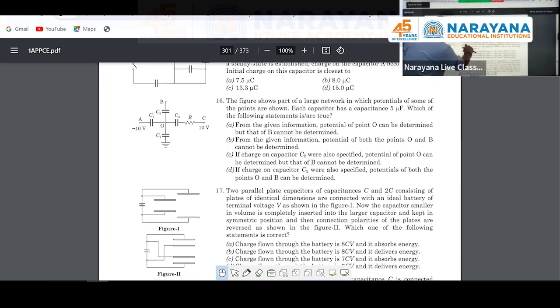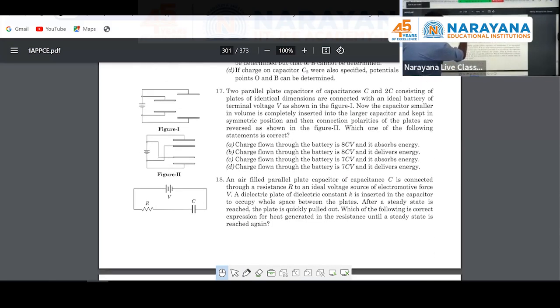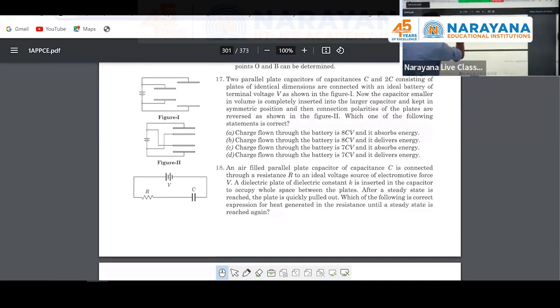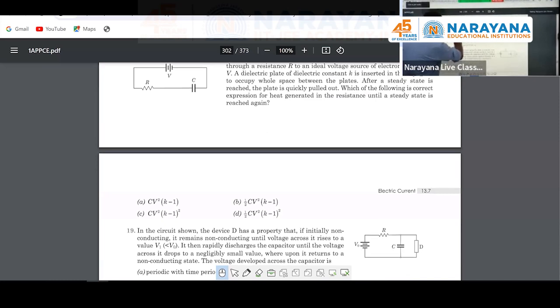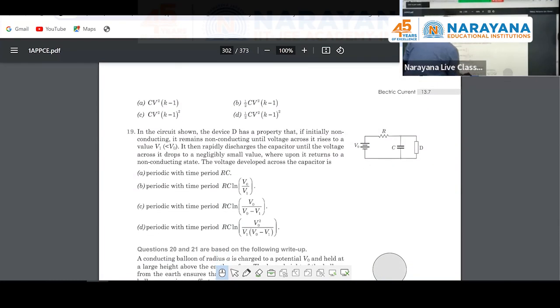Okay. Pick up this problem number 19. Again, a multi-correct problem, so you have to be careful. In the circuit shown, the device D has a property that if initially non-conducting, it remains non-conducting until voltage across it rises to a value V1, which is less than V0.